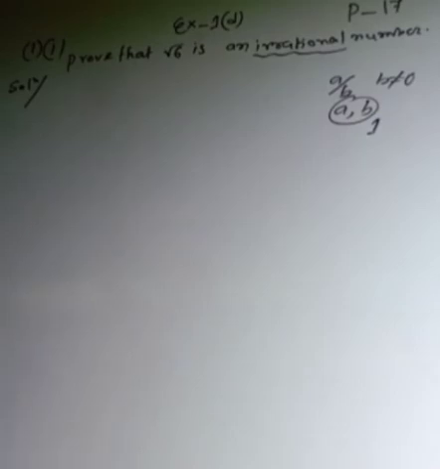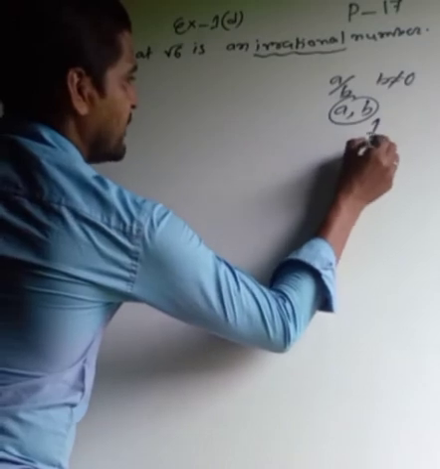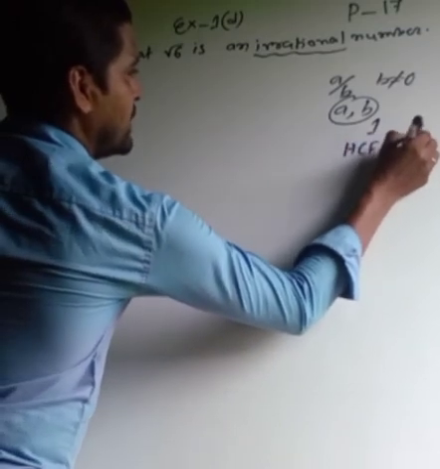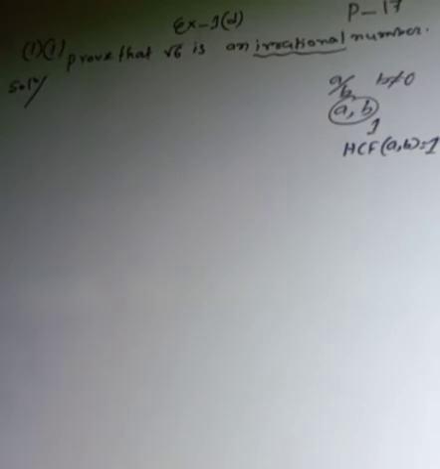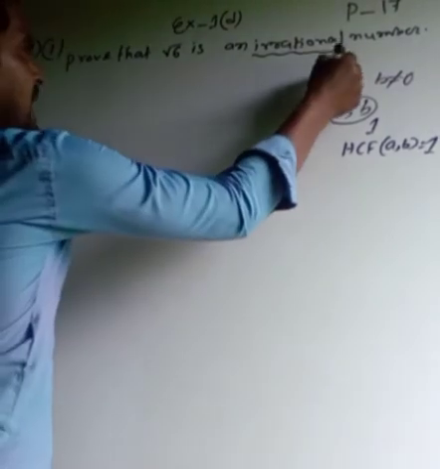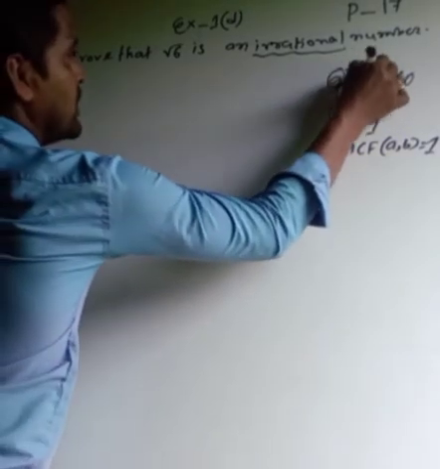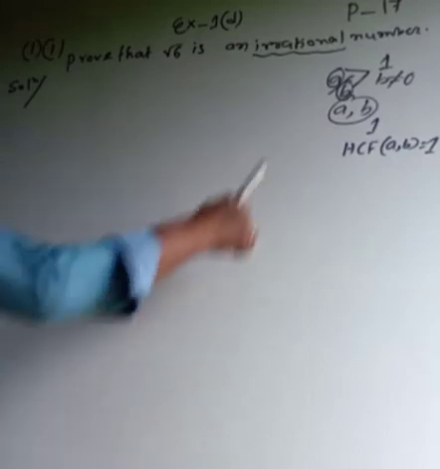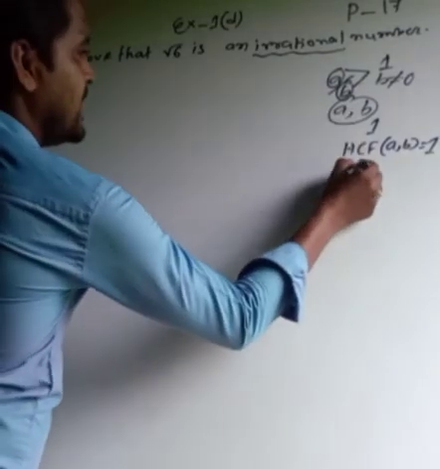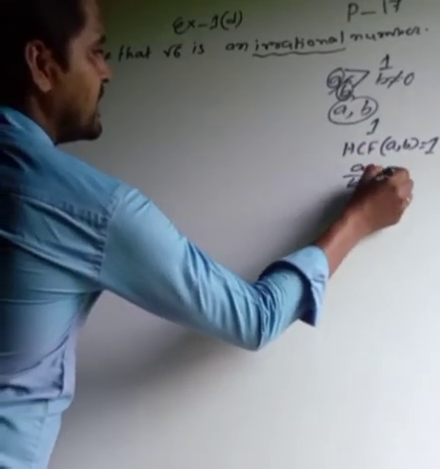So it means HCF of a, b will be 1. These two, a and b, we have to divide by only one. We cannot divide by others. Then only we can say a by b will be a rational number.